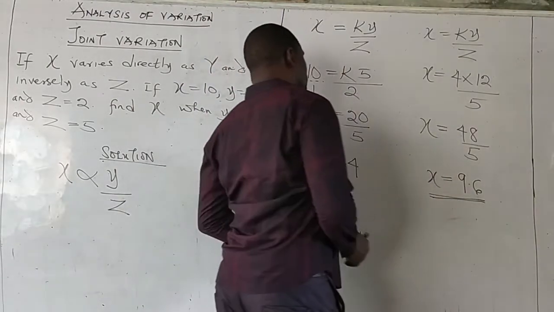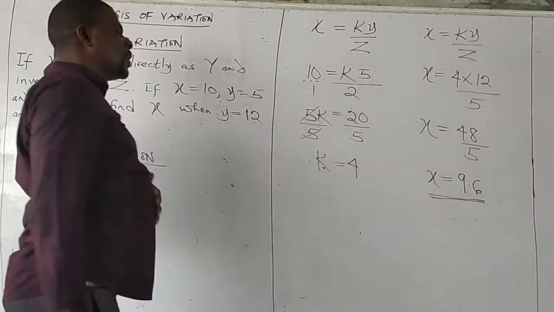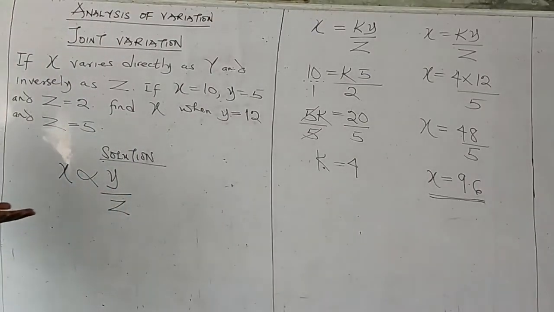So our x is 9.6. Do you get that? It's very straightforward. This one, just revise it. I've seen it in past questions, so when you see a question like this, to solve it should not be a problem.